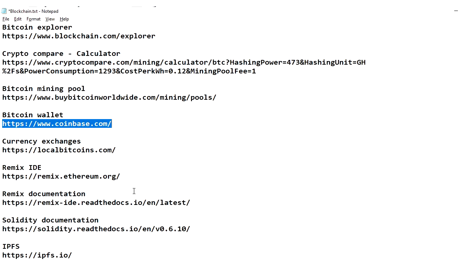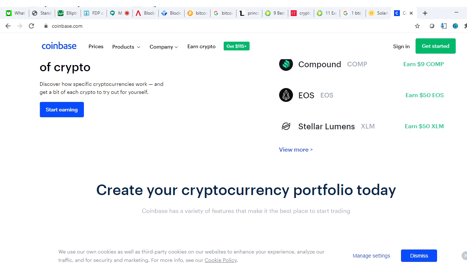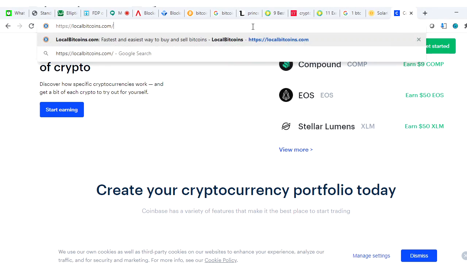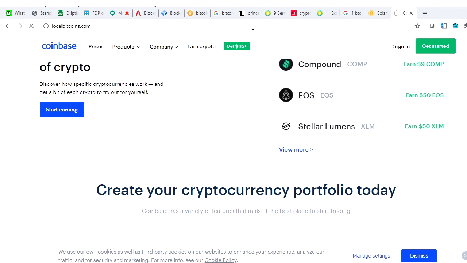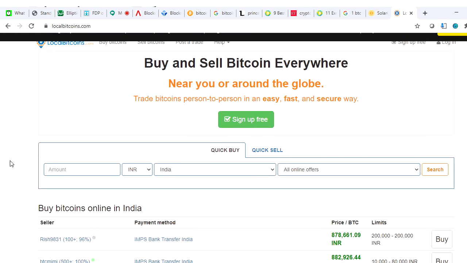Next is currency exchanges. You can convert Bitcoin to local currencies, and for that, local currency exchanges are there. Local Bitcoins: here the amount is in INR, in India, with all the online offers.